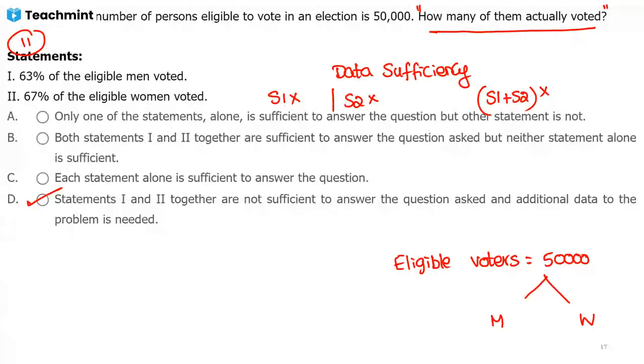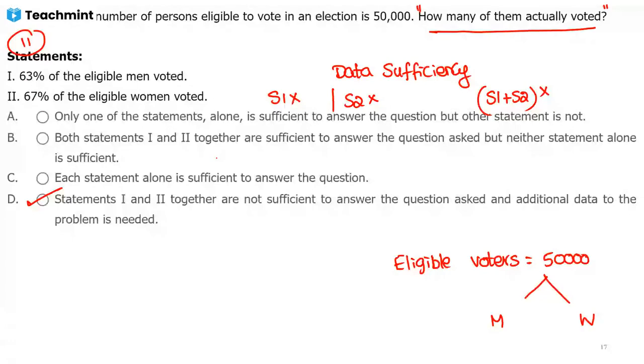Why? If I know how many men and how many women, then among men 63%, among women 67%. Or else, if they had given both 63 and 63, then option B. 63% men, 63% women means 63% of total. If both percentages are the same, together okay, but not alone.